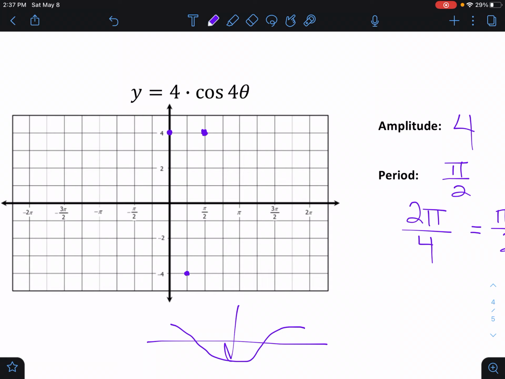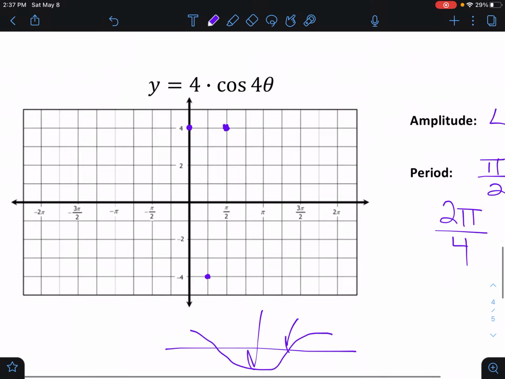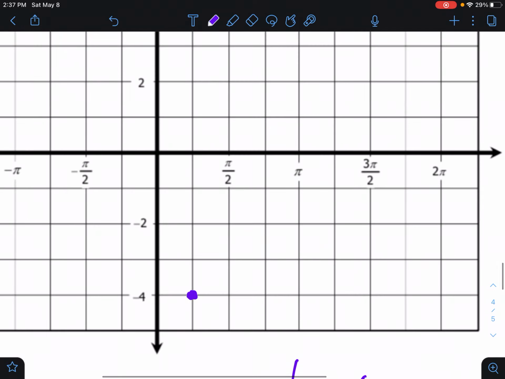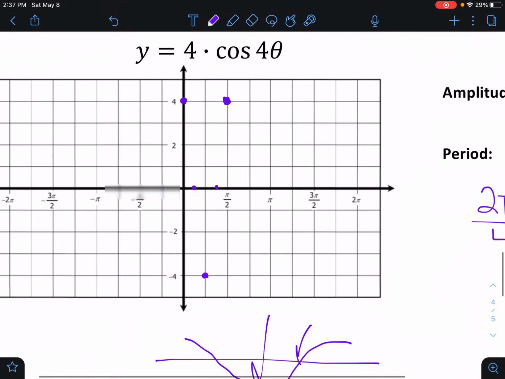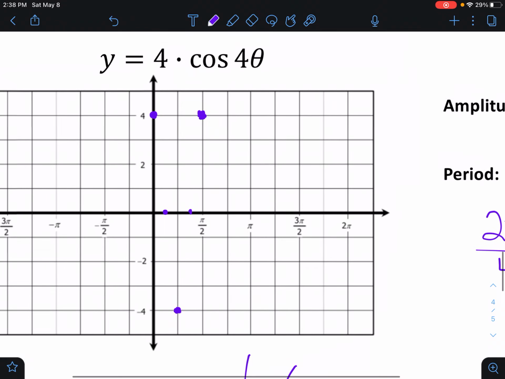Okay. So then in between those I get to 0. So I'm going to do that. This would be 0 and 0. Okay, so now you can see I have one wave completed. Now I'm just repeating that from here on out. So you can make your dots. I'm just going to make all my fours up here, all my negative fours down here.